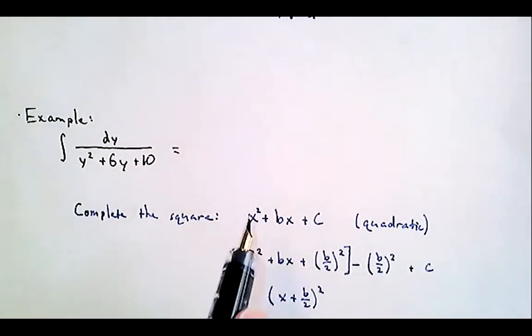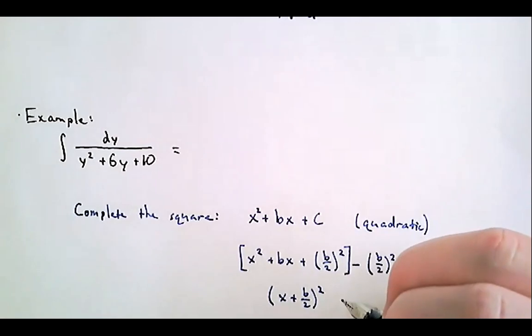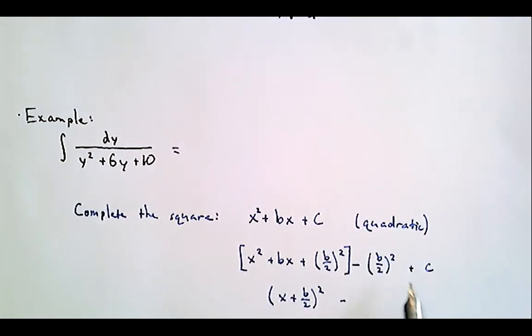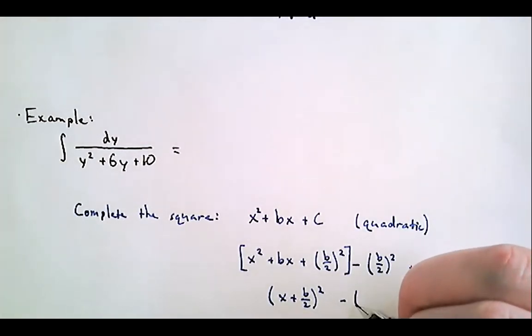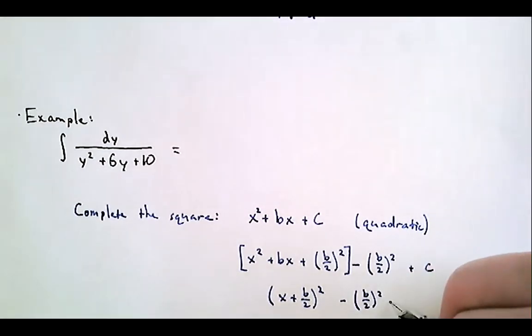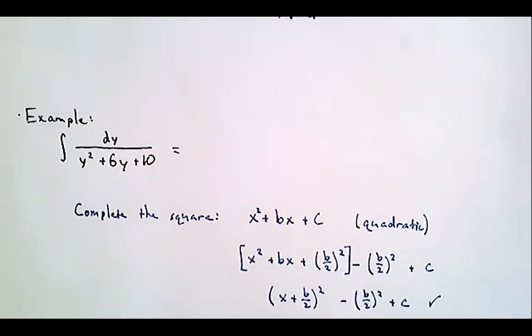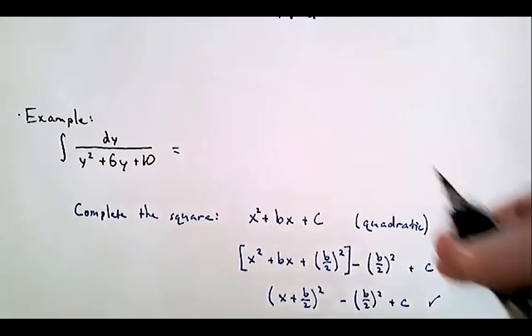So we factored part of the original expression, and the only thing left over is this constant, minus b over 2 squared plus c. But this is just a number. So we have something that's a perfect square minus a number. And that's useful, as we're going to see in this example.